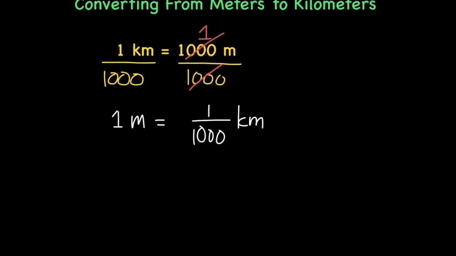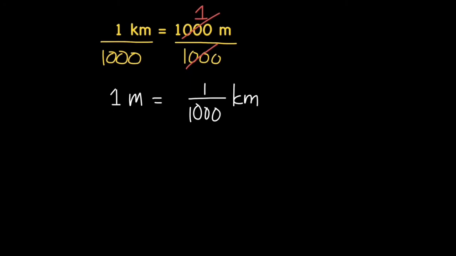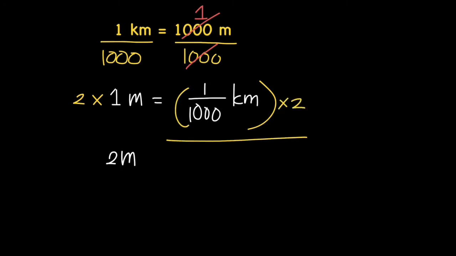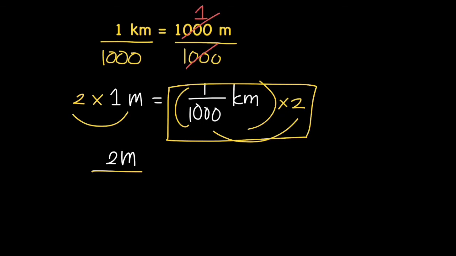So if I will be converting, say, 2 meters, 2 meters is times 2 of 1 meter. So if I multiply this by 2, which will lead me to multiplying this by 2 as well, then I will get the direct conversion of 2 meters. Times 2 of a meter is times 2 of 1 over 1,000 of a kilometer.